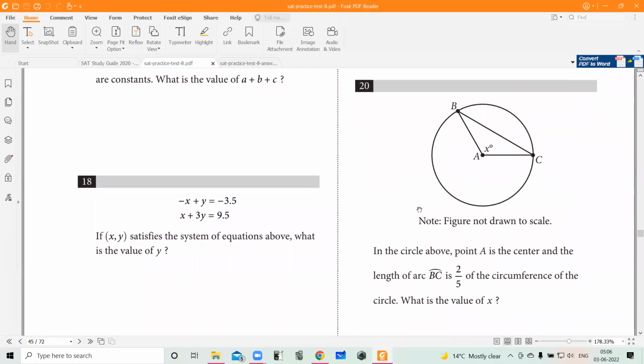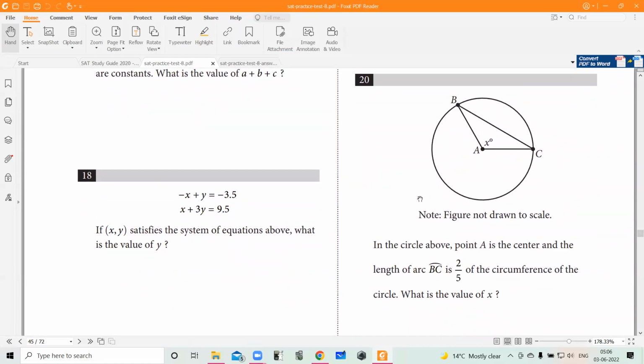20. In the circle above, point A is at the center and the length of arc BC is 2/5 of the circumference of the circle. What is the value of x? So 360 degrees corresponds to 2 pi r, the total circumference of the circle.